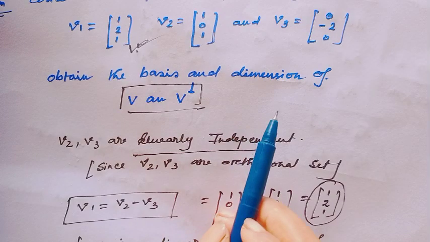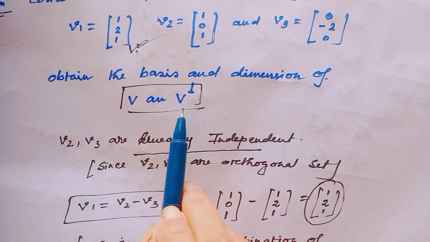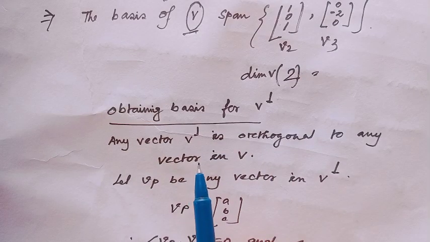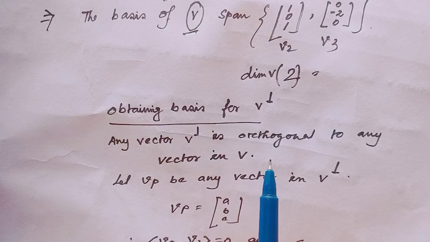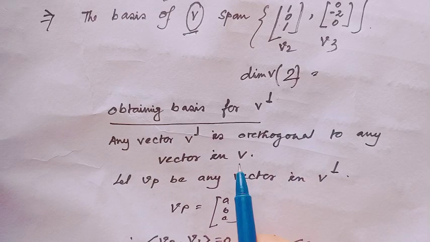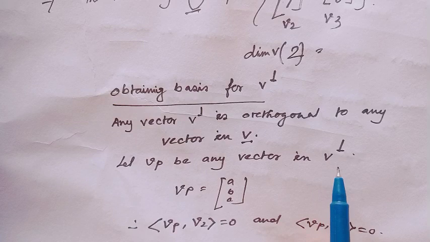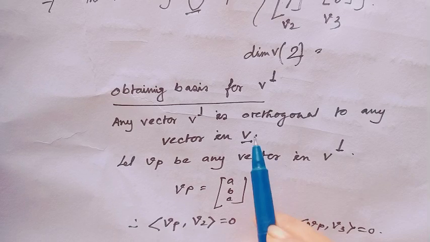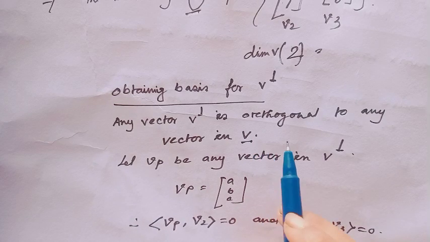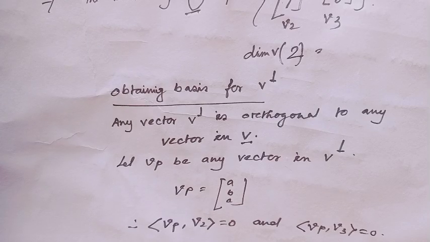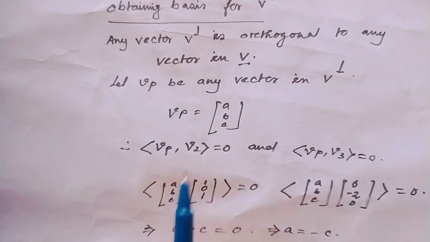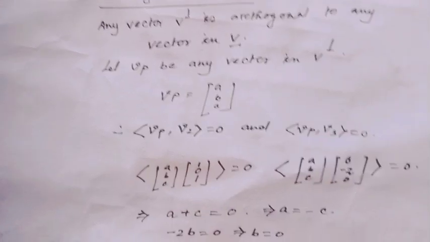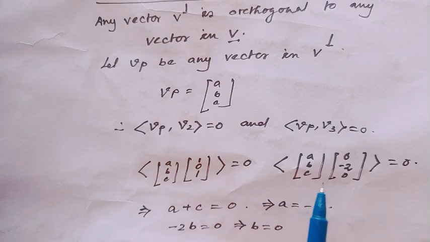Okay. Now I will find the dimension of the complement of this vector space, to find the basis of V bar. We all know V bar is the set of vectors which are orthogonal to every vector of the vector space V. So consider V bar containing an arbitrary vector (A, B, C). Since this is orthogonal to every vector in V, obviously it is orthogonal to the basis vectors of V. So the inner product with V2 equals 0 and the inner product with V3 equals 0.